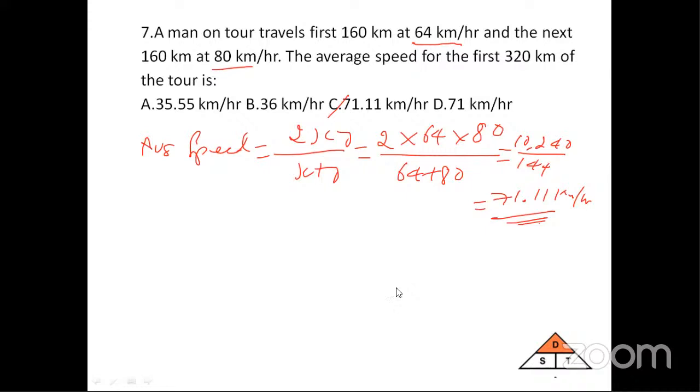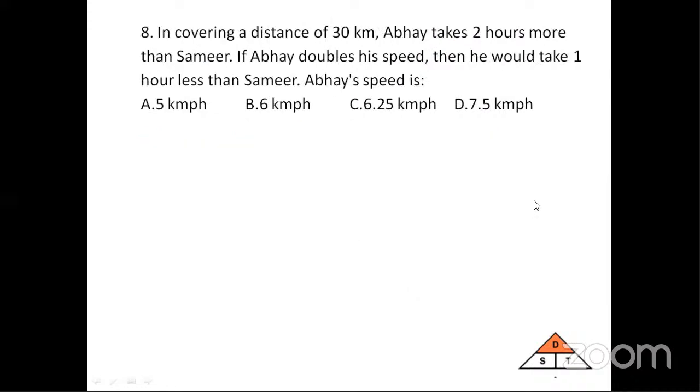We'll move to the next question now. The question is, in covering a distance of 30 kilometers, Abhay takes 2 hours more than Samir. So what it means, we have Samir's speed as well as Abhay's speed, wherein Abhay takes 2 hours more than Samir.